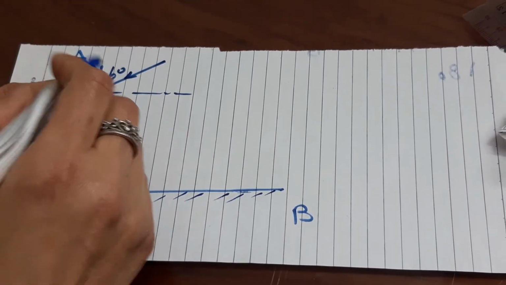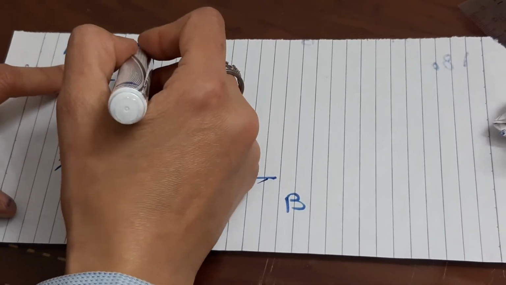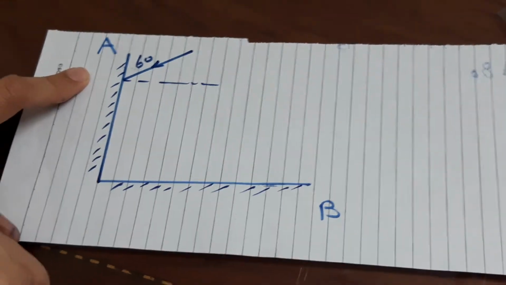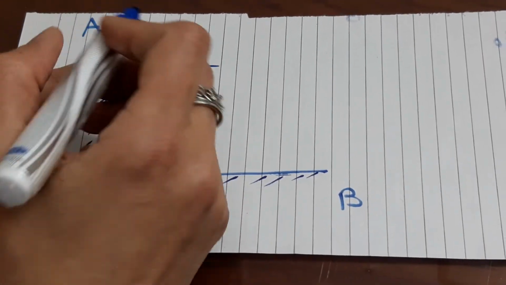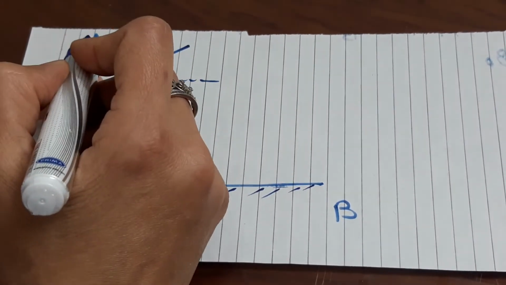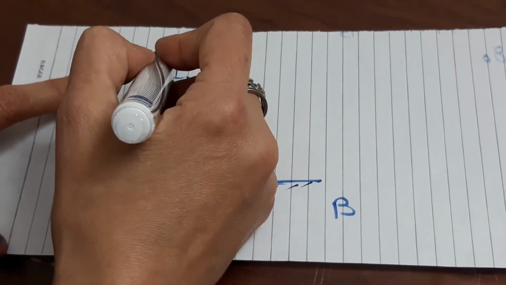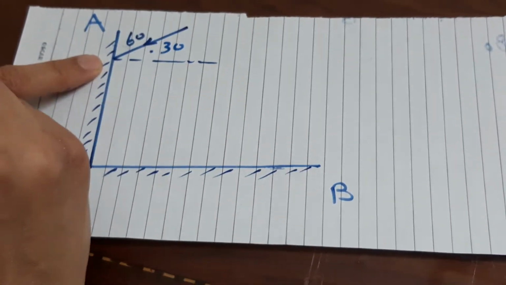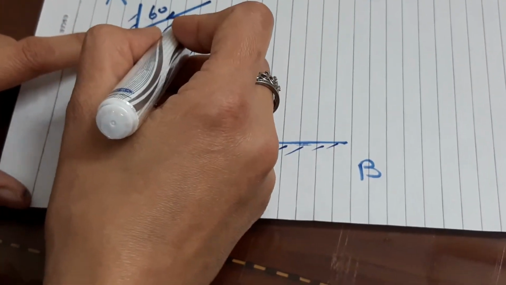No, I cannot, because it is the angle between the incident light ray and the reflecting surface A. Can I calculate the value of the angle of incidence? Yes, you can. How? This is a perpendicular line, so this angle equals 30, by subtracting 60 from 90.